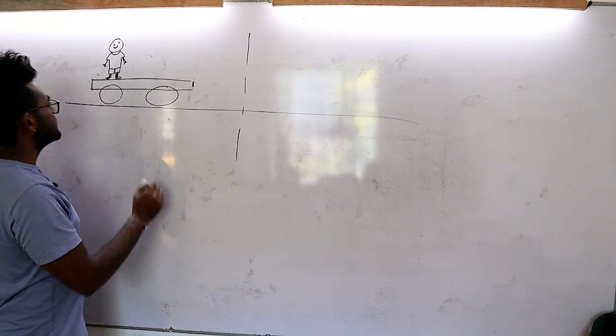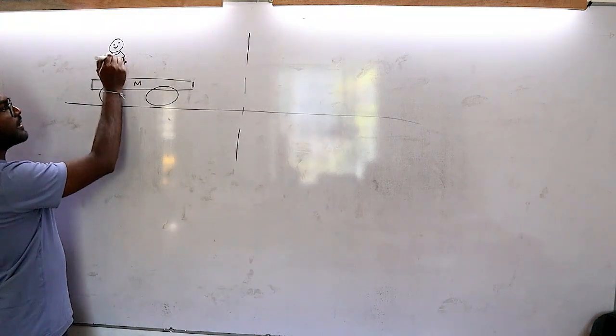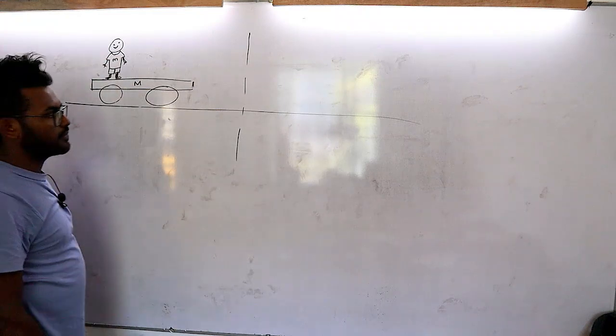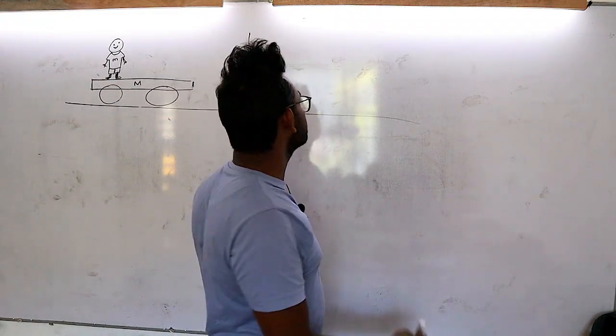Okay, let's say the mass of this trolley is capital M and the mass of this man is small m. He's just standing on the trolley. Simple as that.